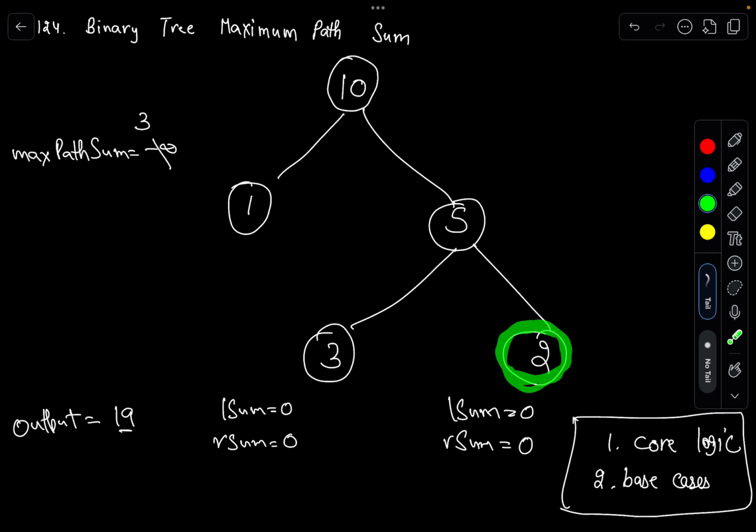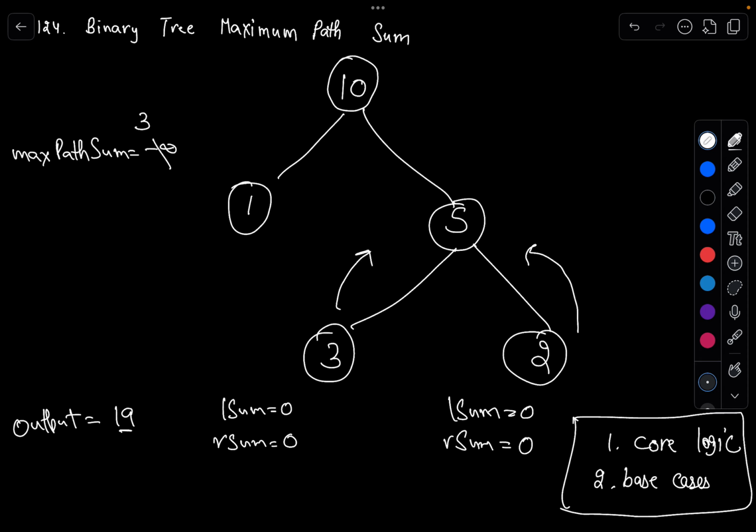Either this 2 can take something from the left sum or from the right sum, but all it could take is 0. So the total sum would be 2. Is it greater than this 3 here? No, it isn't. So we'll not update this. So it remains 3.